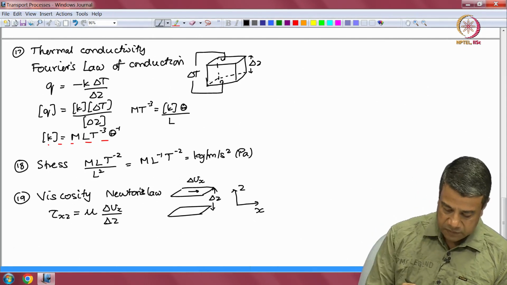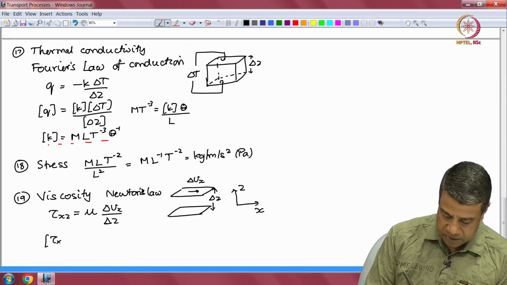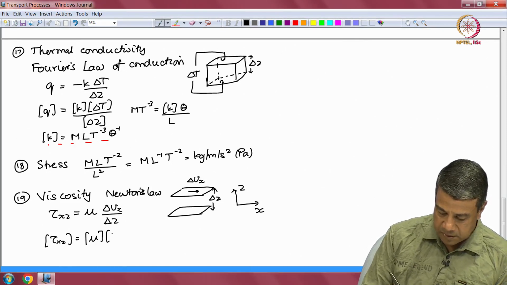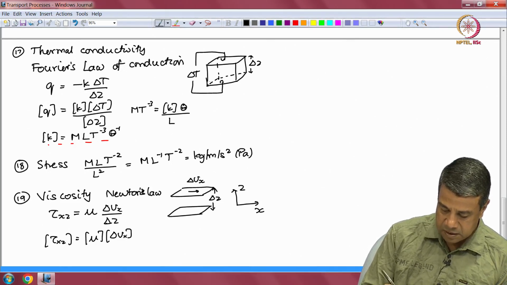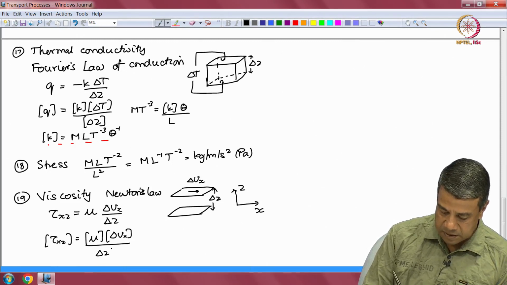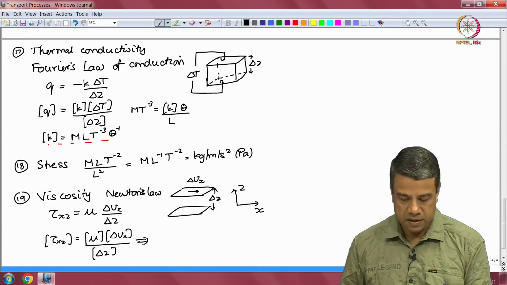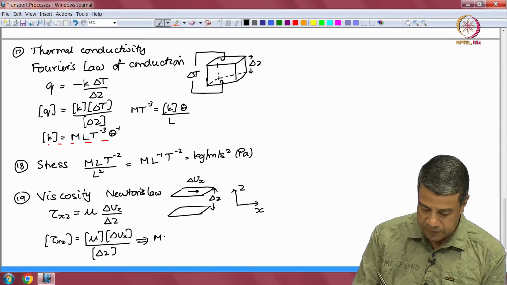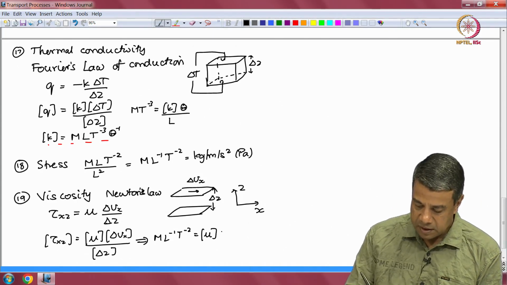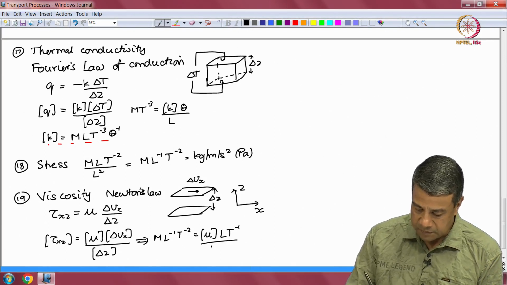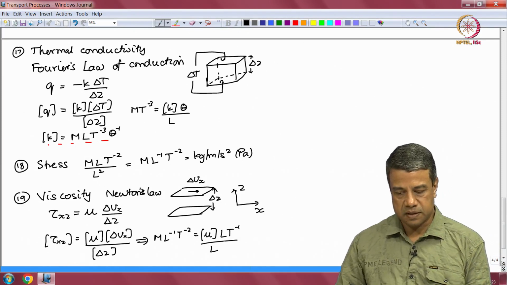Therefore, the dimension of stress has got to be equal to the dimension of viscosity times the dimensions of delta V x divided by the dimensions of delta z. If I substitute all of these, the dimension of stress, m L inverse T power minus 2, is equal to the dimension of viscosity times velocity, which is length per unit time, divided by length, which is the separation.